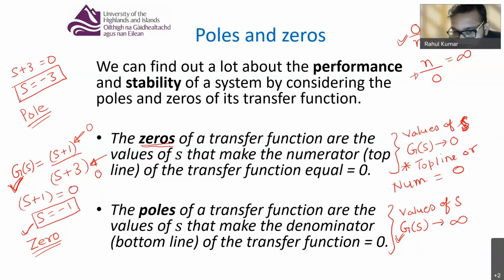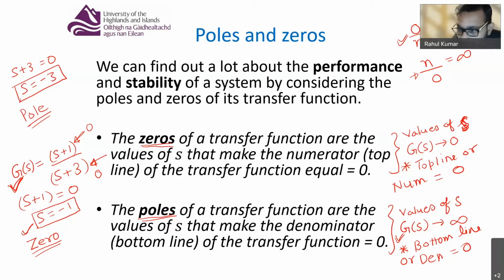And poles of a transfer function are those values of s which make my transfer function infinite, that is, the bottom line, or we call it the denominator, equal to 0. So by equating the top line equal to 0, we find the zeros. By equating the bottom line in the transfer function equal to 0, we find the values of the poles.